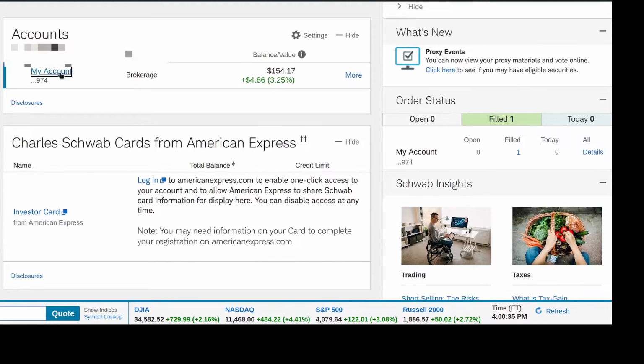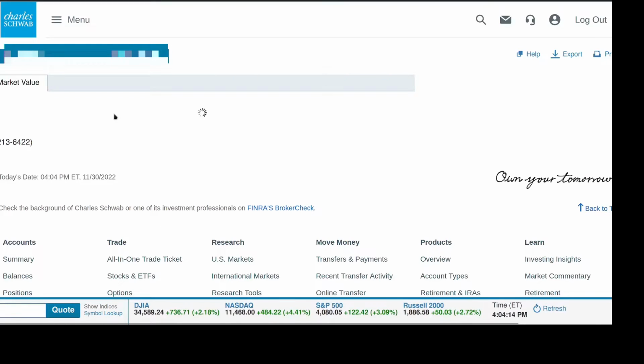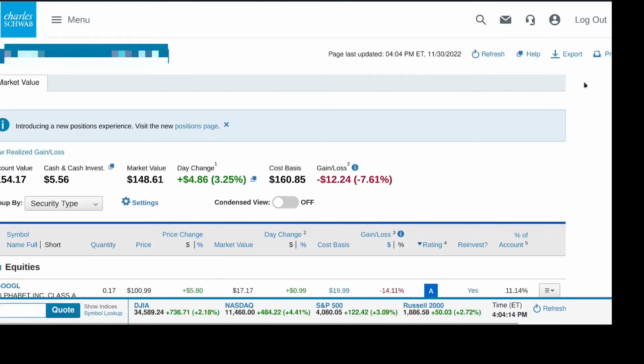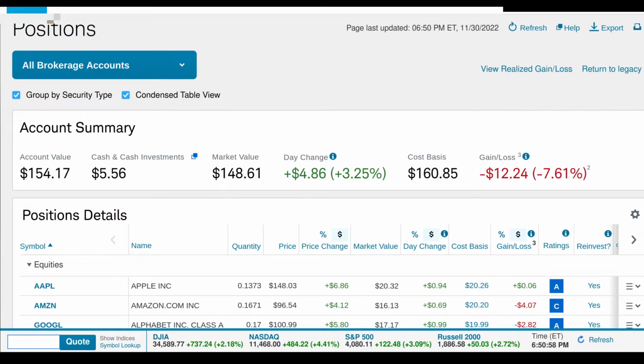If we click on my account here, you can see the market value. Here you see it again. Positions.